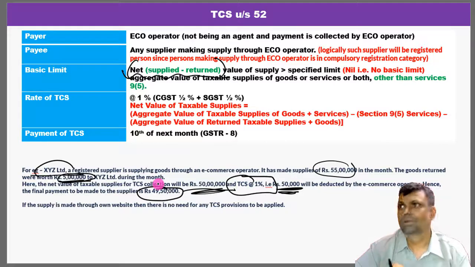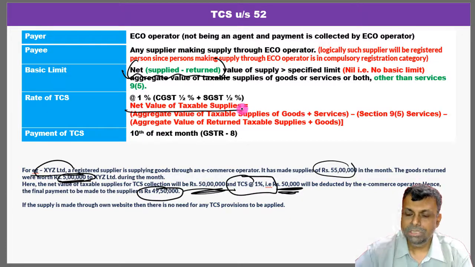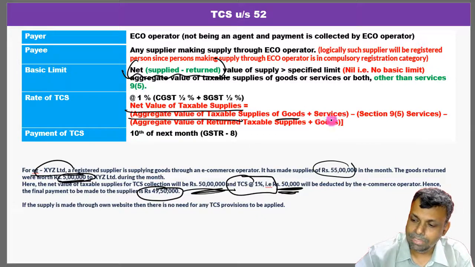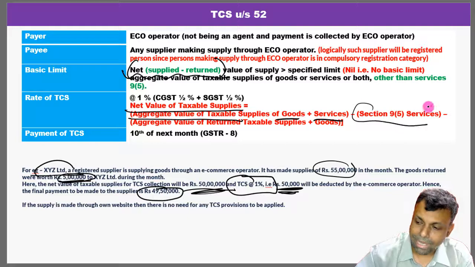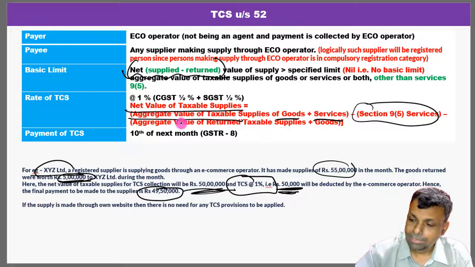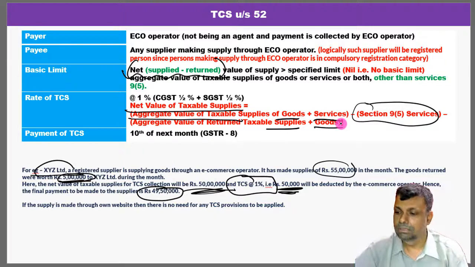Now, friends, if you want to convert it into a formula, what is the net value of taxable supply? This is a logical conclusion of this formula. That is the aggregate value of the taxable supplies of goods and services, as the case may be, minus section 9(5) supplies, because supplies through e-commerce operators notified under section 9(5) are not covered by this provision, and minus the returns of taxable supplies of goods.